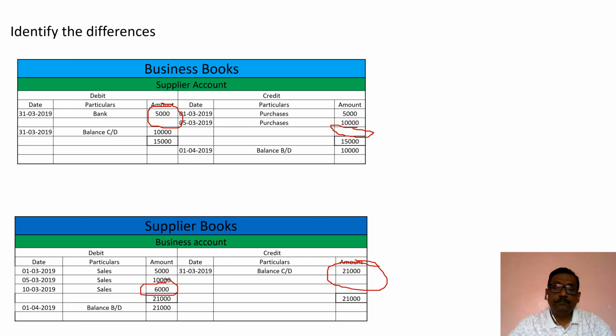Number two, one payment made in my books is not recorded by the supplier in his books. So these are the two differences I identified between these two sets of books. Clear?